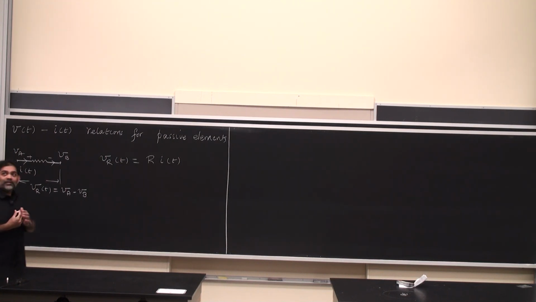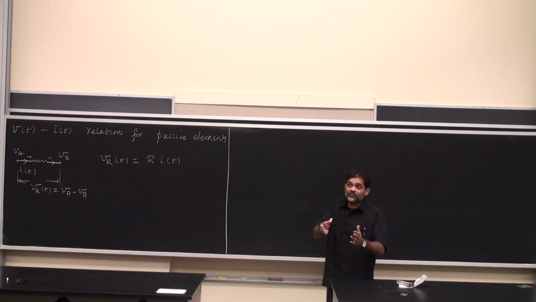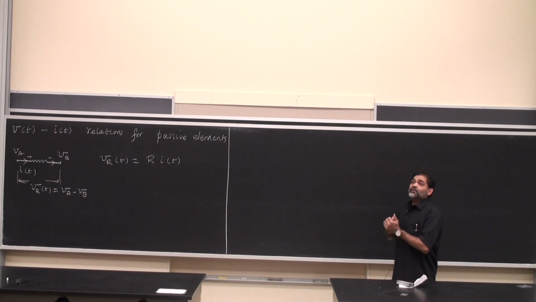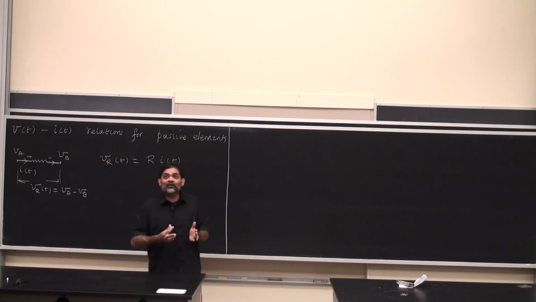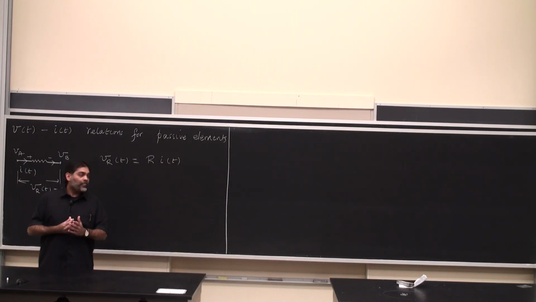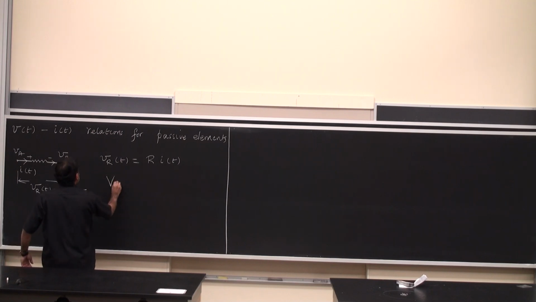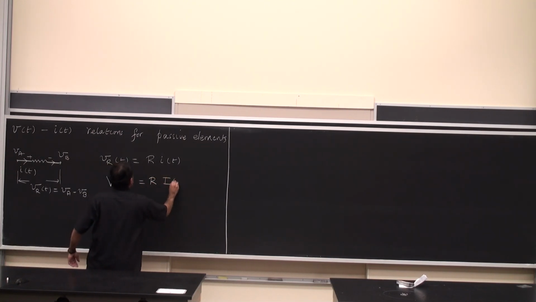In the frequency domain, which is where we want to go, because the next lecture, which is Wednesday when hopefully all of us are here, is a very, very important lecture, because we will be exposing ourselves to handling harmonic inputs in the frequency domain. So to do that, we have to take the Laplace transform on both sides and define the impedance of a resistor. So VR of s is R times I of s. So this is in the Laplace domain.